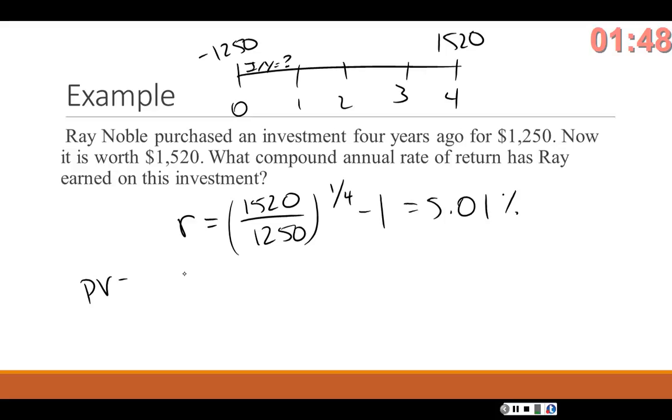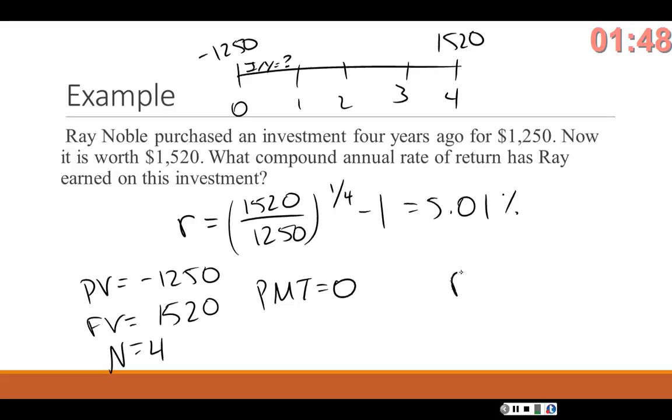The present value is a negative 1,250. The future value is a positive 1,520. Remember your negatives and positive signs. N is equal to 4, and the payment is 0. So what is your interest rate?